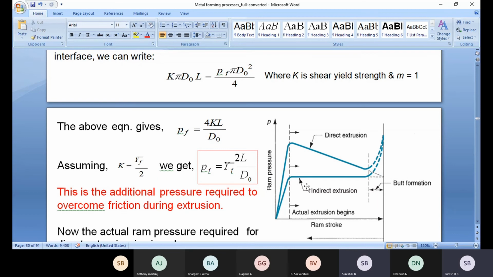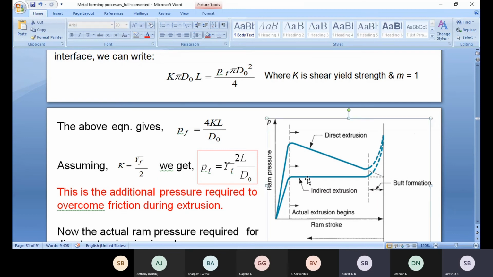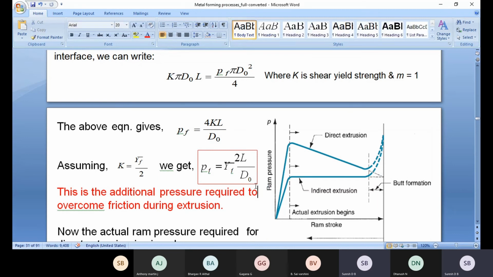But in indirect extrusion process, in the continuous extrusion operation, a constant force or constant load is applied. Further, after completion of the stroke or extrusion process, a small amount of material is present in the container, because that material is very difficult to extrude.